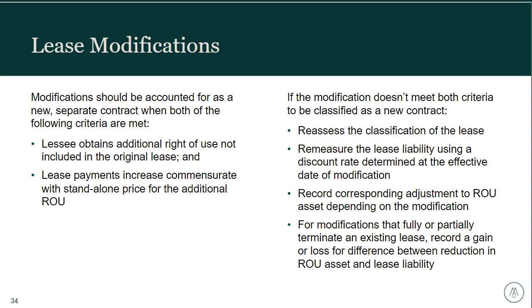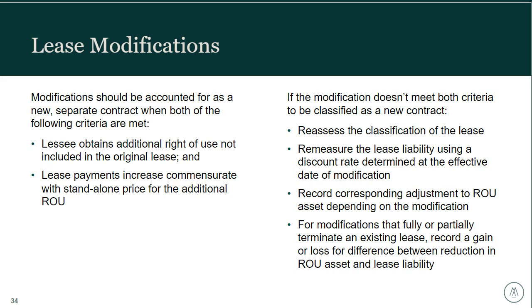So a modification that grants an additional right of use not included in the original should be treated as a separate contract and a separate lease. If it does not meet both that and the lease payment increase being consistent with the additional asset, then we take the modified lease and reassess the classification.